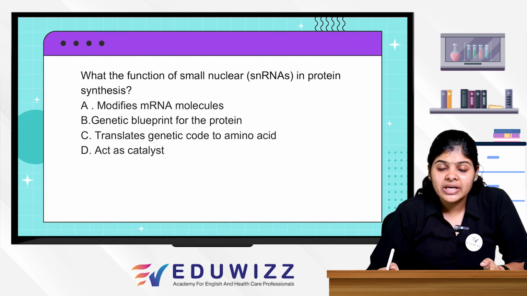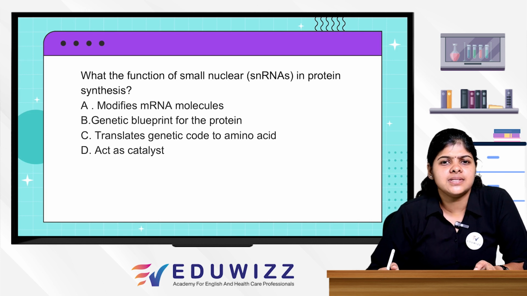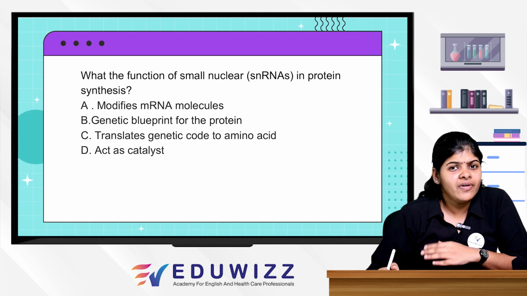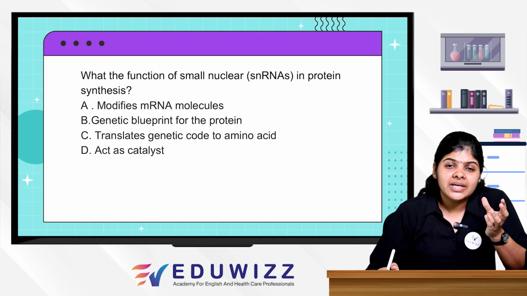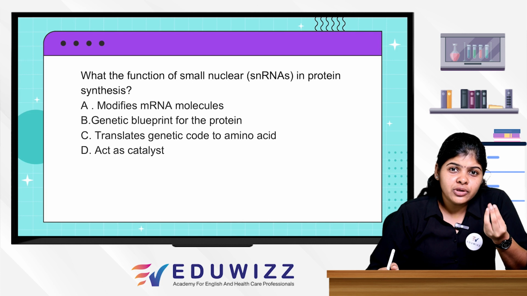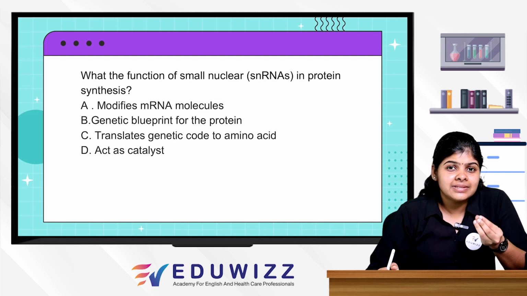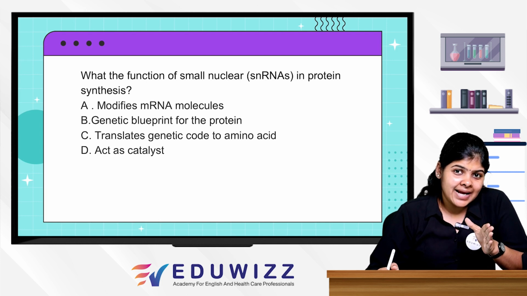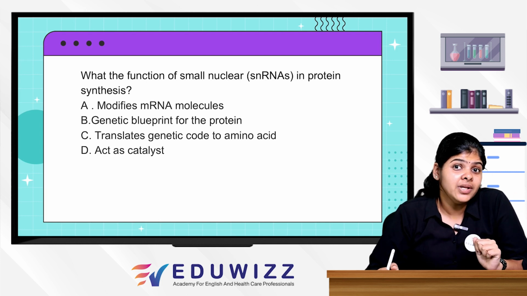Moving on to the next question: what is the function of small nuclear RNAs, that is snRNAs, in protein synthesis? You all know that proteins are made up of amino acids. In the process of ribonucleic acid protein synthesis, the translation process takes place. For translation, the mRNA is associated with the ribosomal units.